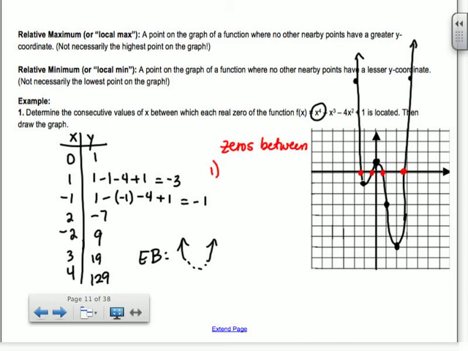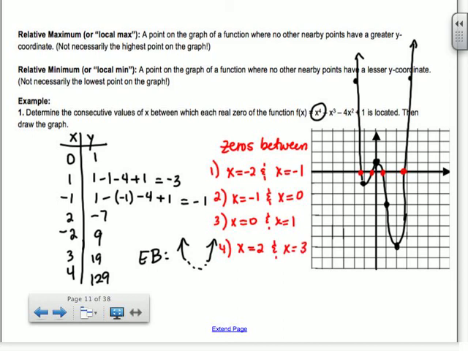The first one, it looks like you were between x equals negative 2 and x equals negative 1. The second one looks like it's between x equals negative 1 and x equals 0. The third one looks like it's between x equals 0 and x equals 1. And the last one is right before x equals 3, so it's between x equals 2 and x equals 3.